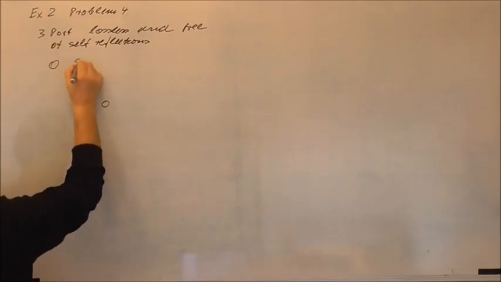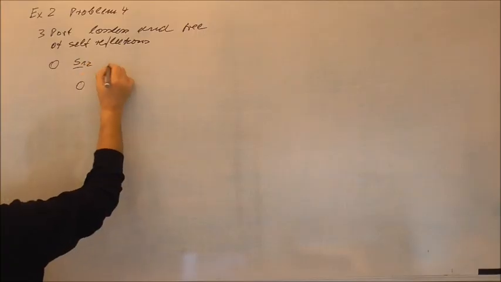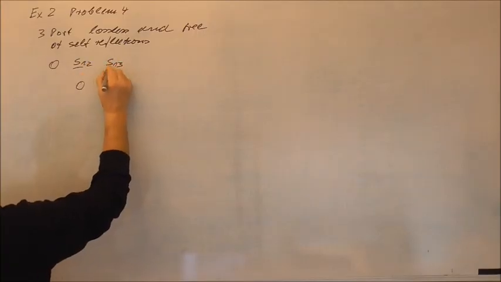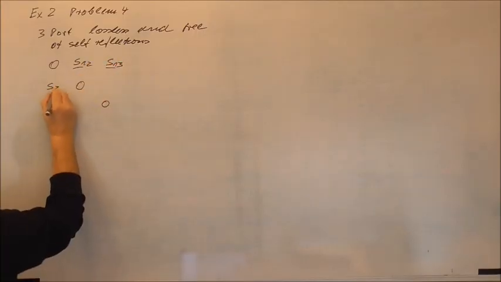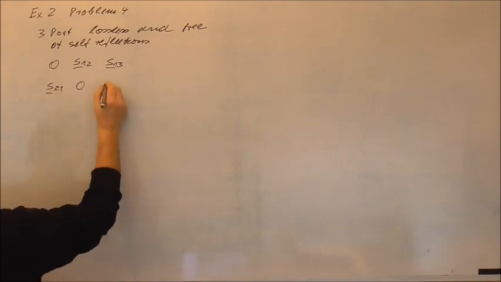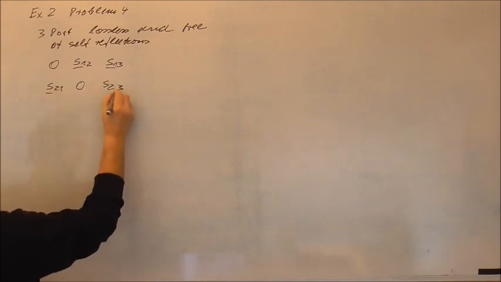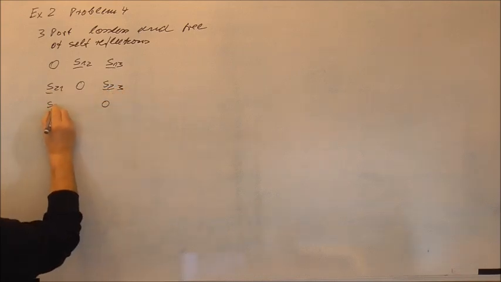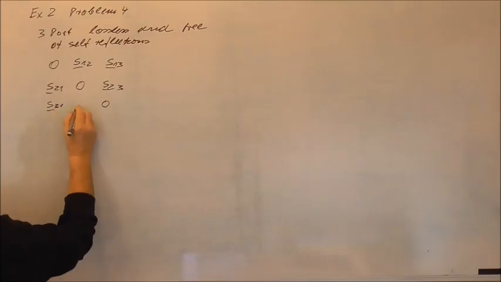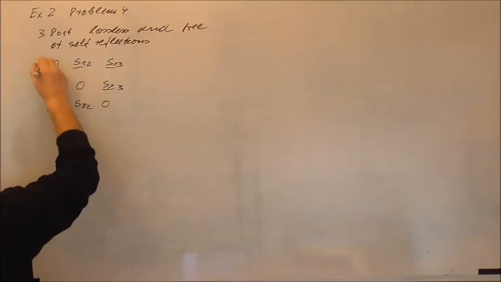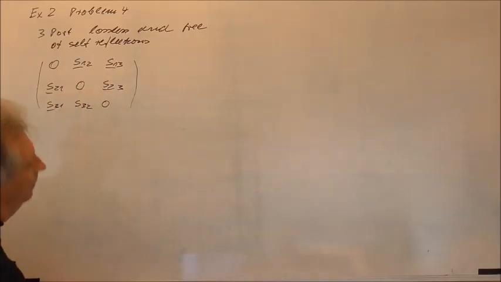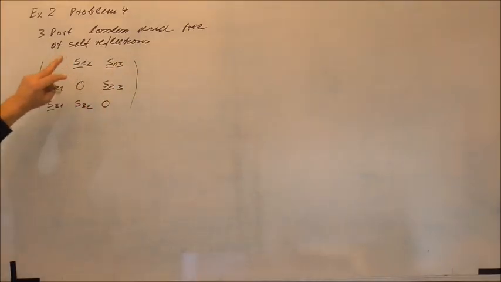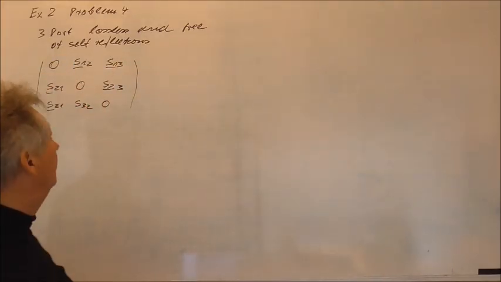So we have here S12, S13, S21, S23, S31, S32. So this will be the general S matrix first, and here I already included that it's free of self-reflection.